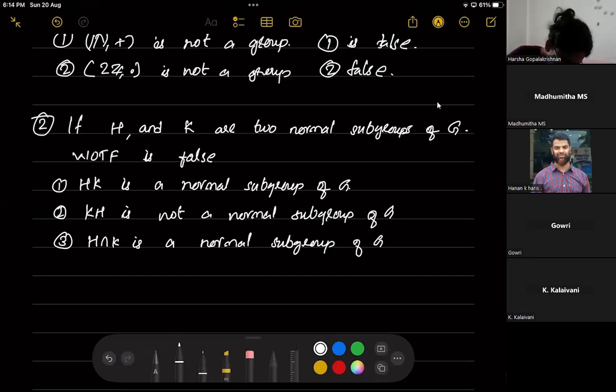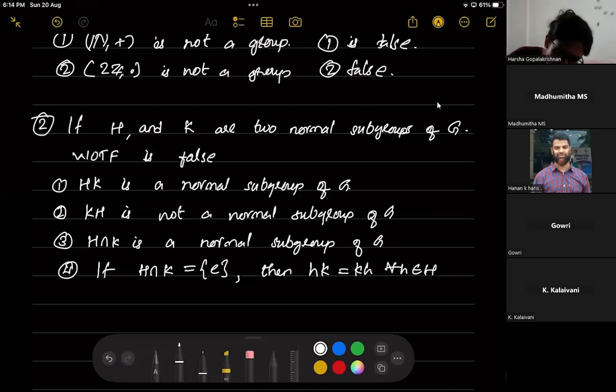And fourth statement is if H intersection K is given as only the identity element, then hk equal to kh for all h in H and k in K. Okay. So these are all the four statements. We need to check which one is false. It is not very trivial, so we need to go through each of these and see.